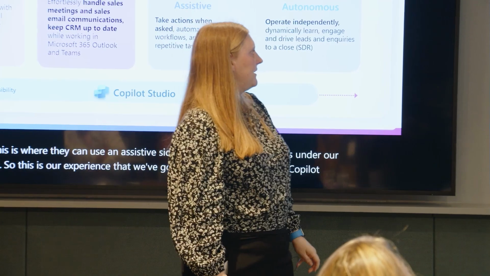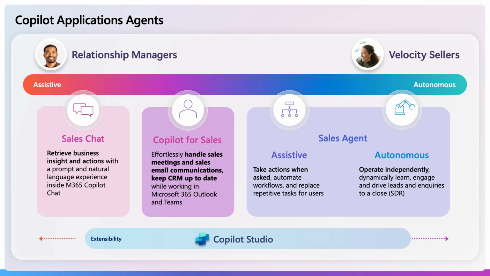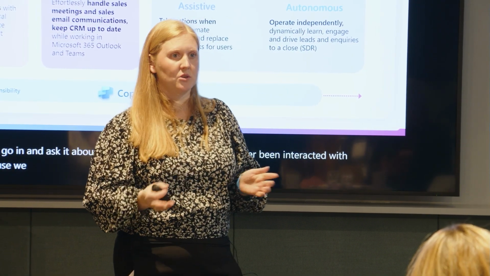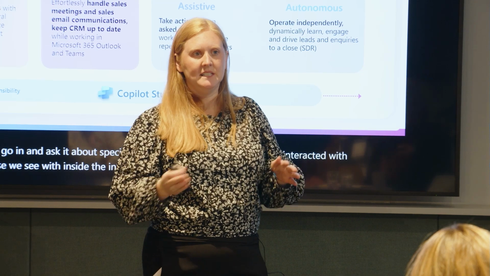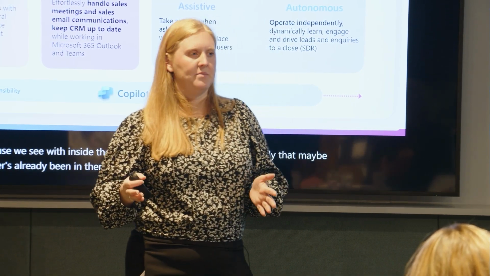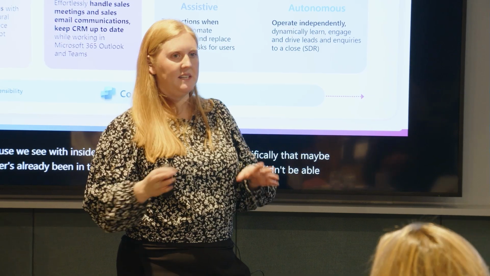And this is where we can ask things in natural language. Say, for example, I might be an insurance broker and I want to go in and ask about a specific customer: has this customer been interacted with before? Because inside the insurance area with brokers specifically, maybe another broker's already been in there, but we might not know that if we weren't able to ask this in an easy-to-access way.